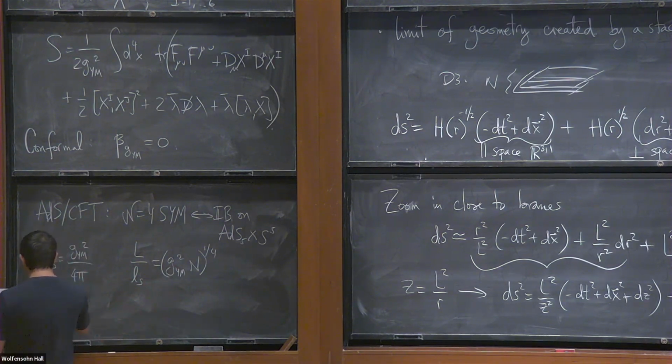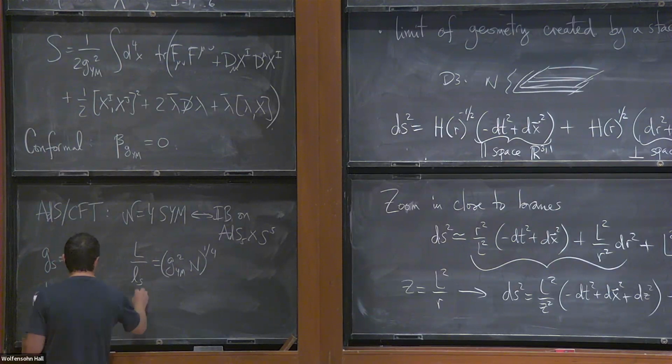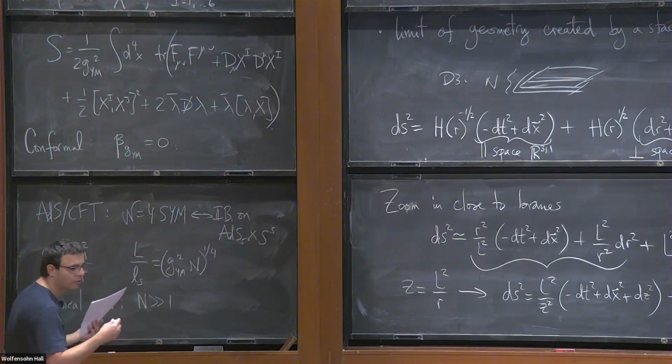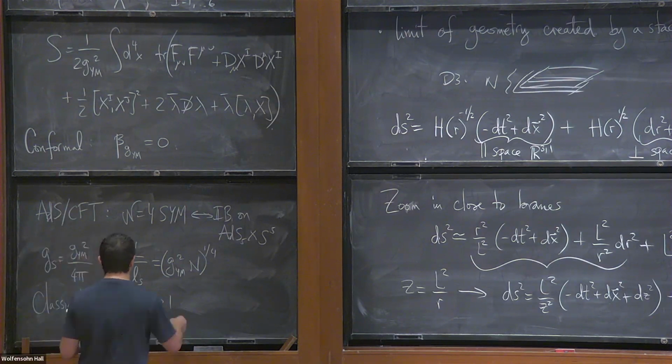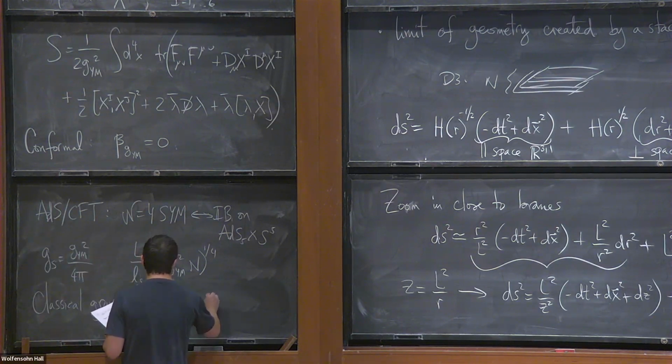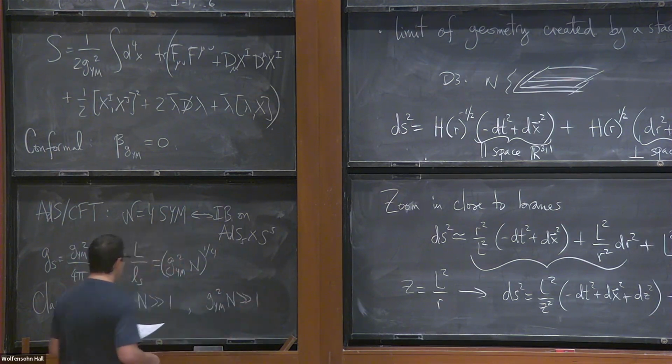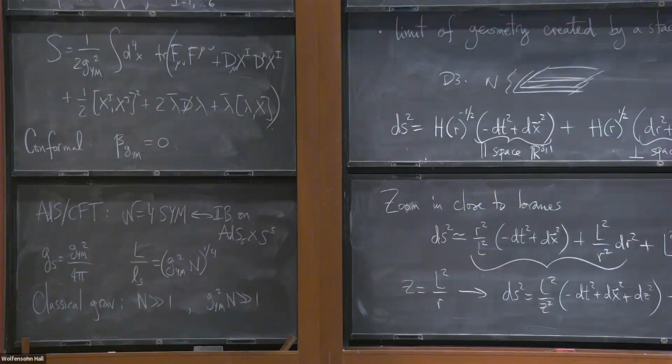So classical gravity requires N much bigger than 1. And if we want the strings to be small as well, we also need g_YM squared N much bigger than 1. So that's why this duality is useful for a strongly interacting gauge theory.